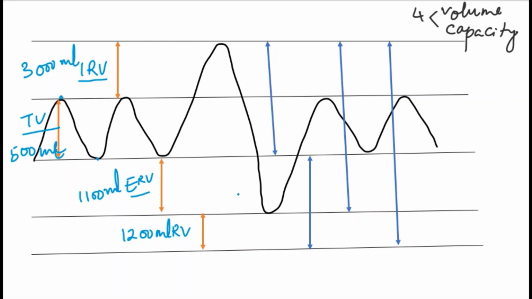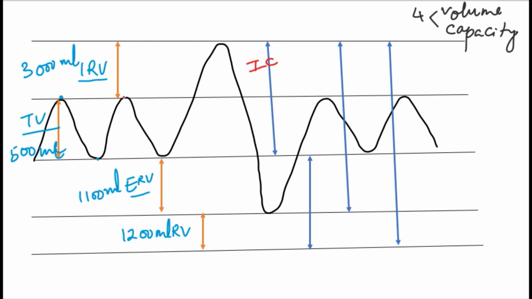Coming to capacities, there are four capacities, each of which contains two or more primary volumes. If we talk about this one, this is inspiratory capacity. What is inspiratory capacity? Inspiratory capacity is the maximum volume of gas that can be inspired after normal expiration.